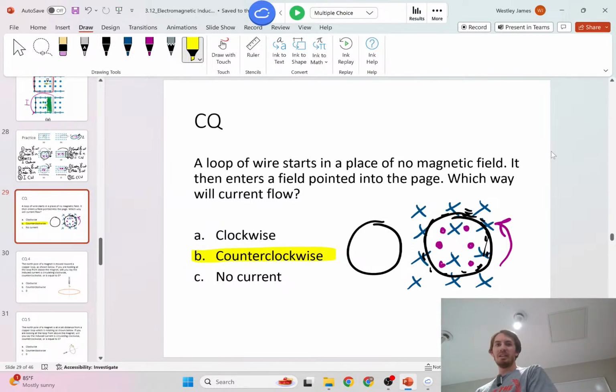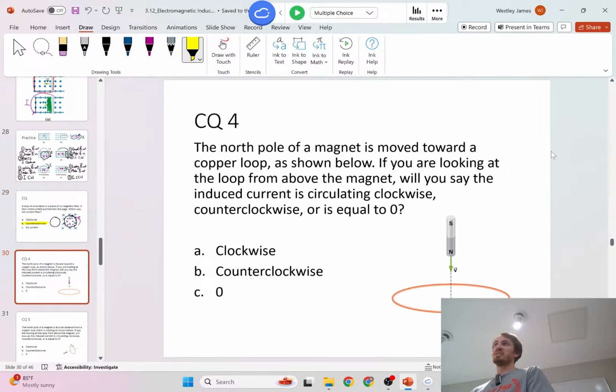All right. Here's another one. I told you all that permanent magnets, I'll read the problem, and then I'll tell you all the thing you need to remember for this. The north pole of a magnet is moving towards a loop, as shown below.